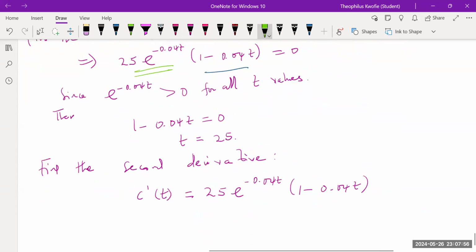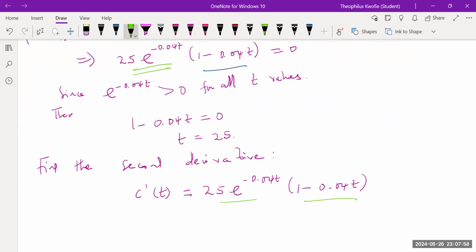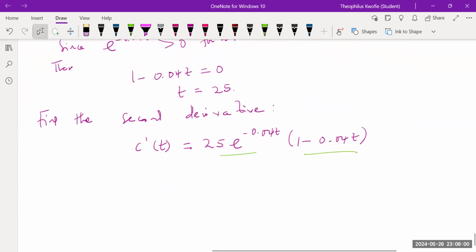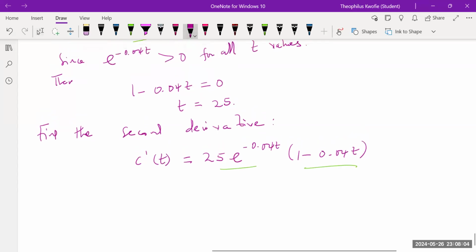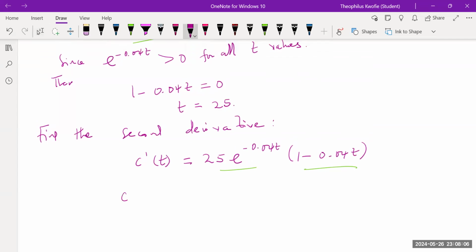So this is a product of two functions, so we are going to use the product rule to differentiate it. So the second derivative of such a function will be what? We first keep one function.